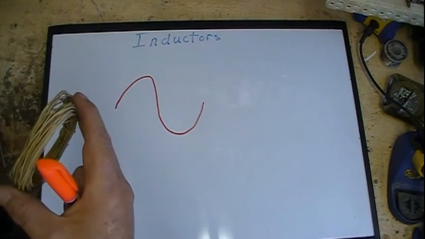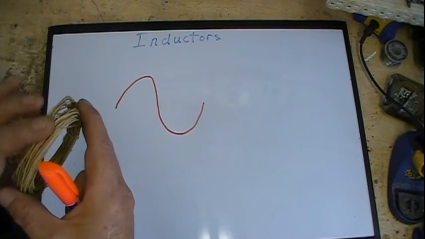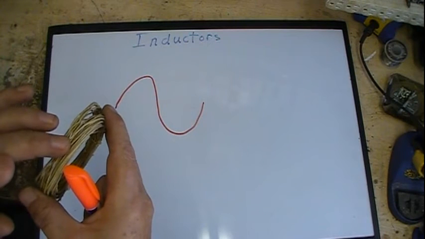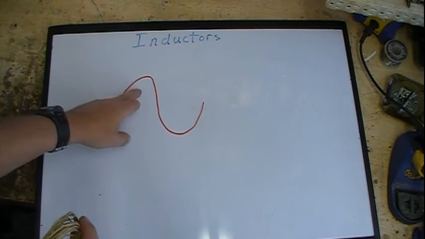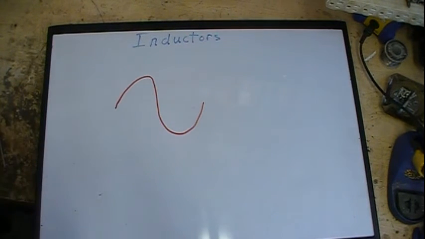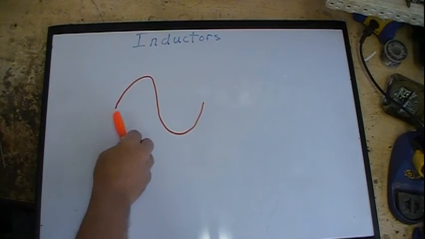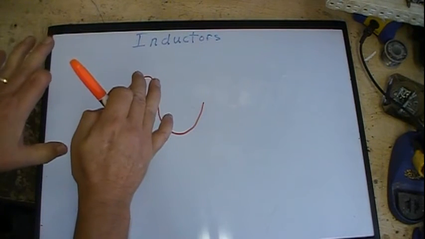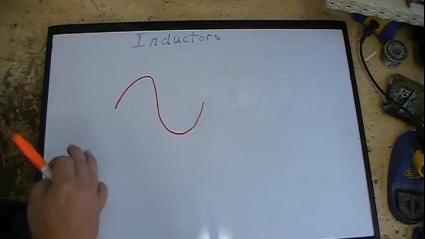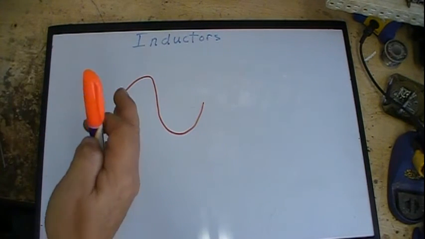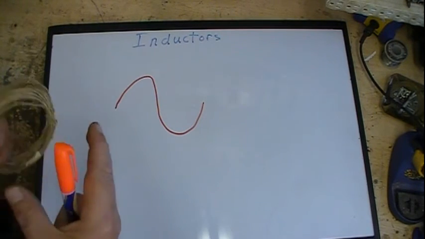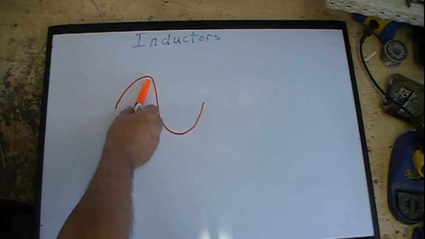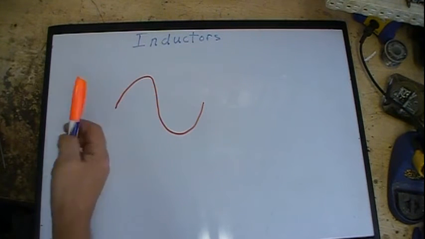Again, with the left-hand rule, it actually induces a voltage into the wire that is counter to the voltage that's applied, until it gets to a peak. Then everything's kind of stable for an instant. Magnetic field stable, the voltage being connected to it stable, but it won't stay there long, and it starts dropping again.